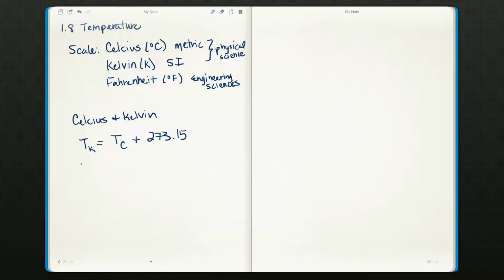Okay? Vice versa, temperature in degrees Celsius is equal to the temperature in Kelvin minus 273.15. Okay, so those are our 2 formulas.